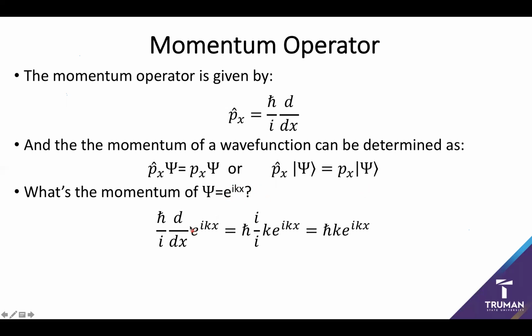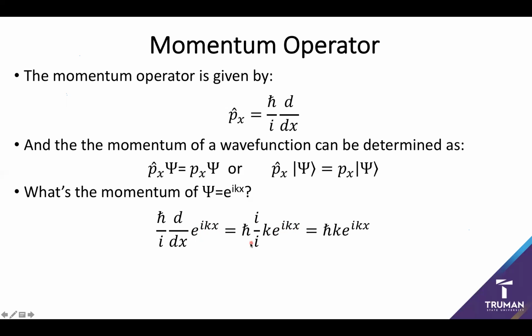For that, I need to apply my first derivative with respect to position. So when I do this, what I get back is h bar over i, because this stays unaffected. And now I get ik from the first derivative, and then I get back e to the ikx. So ik e to the ikx.